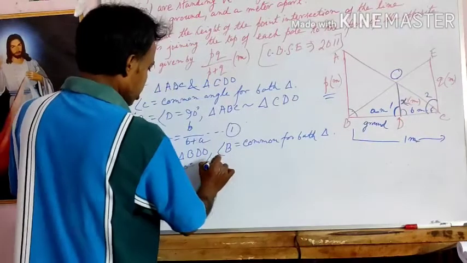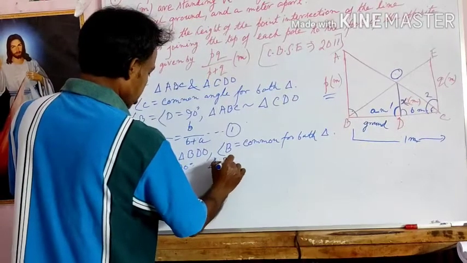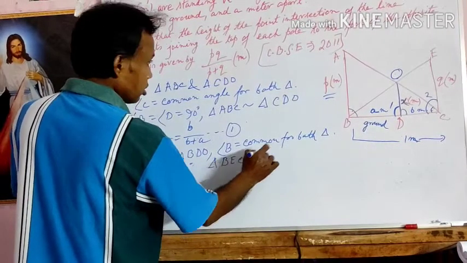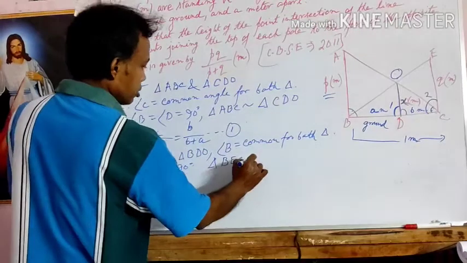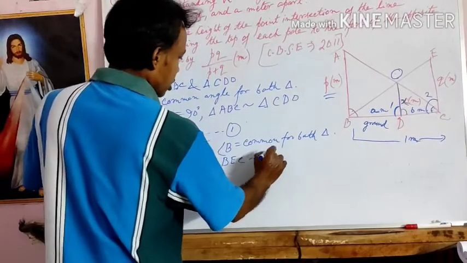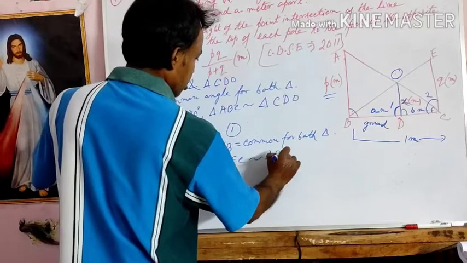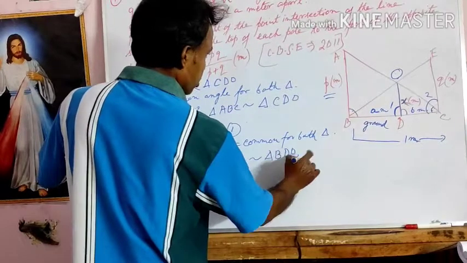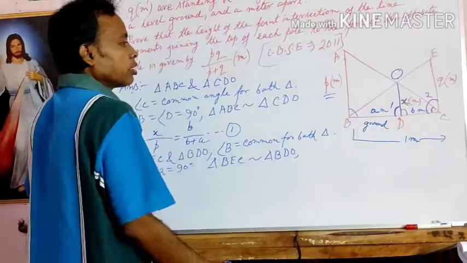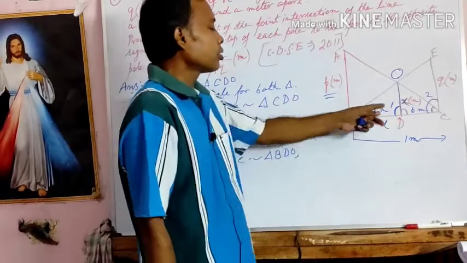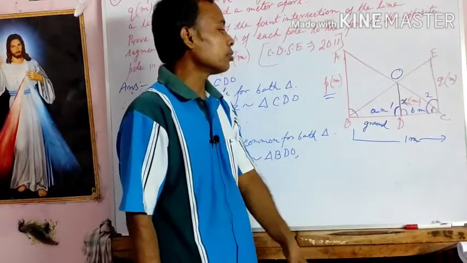Therefore, the two triangles BEC and BDO are similar. Since the two triangles are similar, the corresponding sides will be in the same ratio.